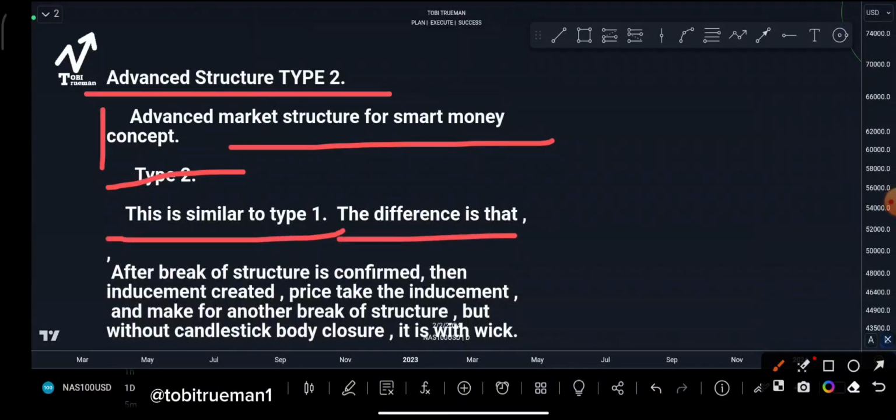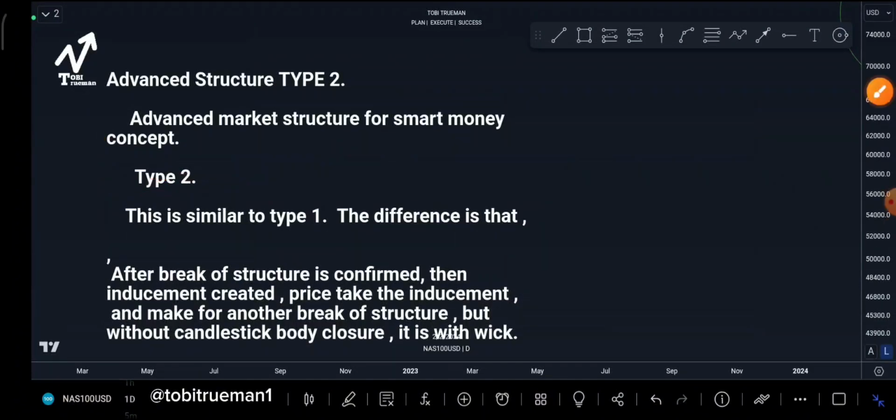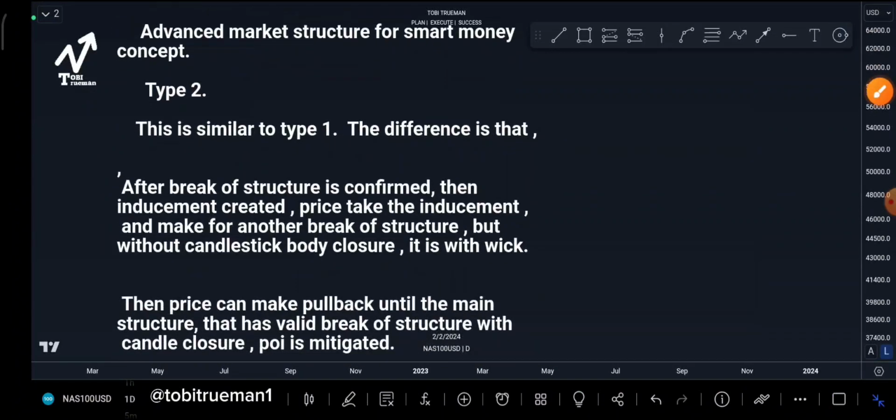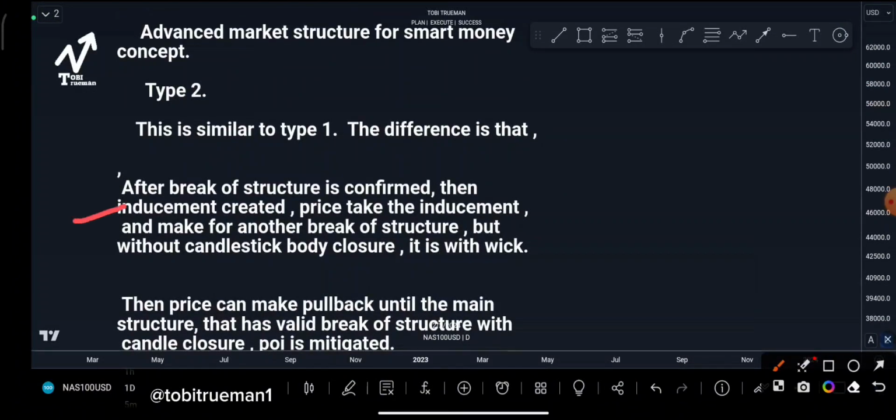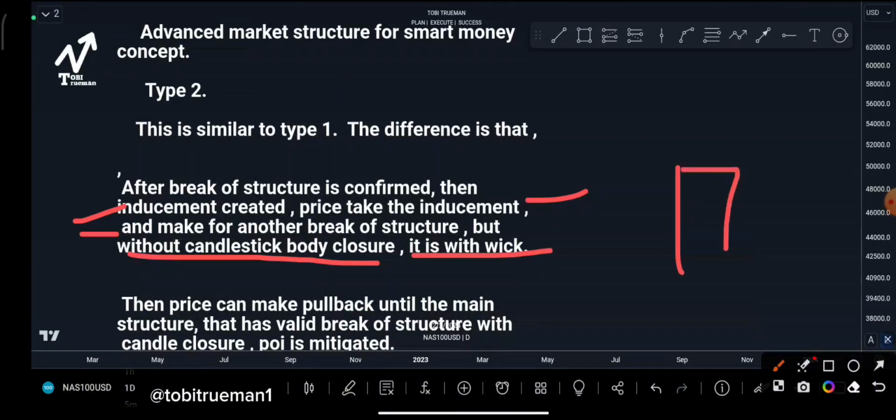The difference is that after break of structure is confirmed, then inducement is created, price takes the inducement and makes another break of structure, but without candlestick body closure. It is now with the wick of the candle.